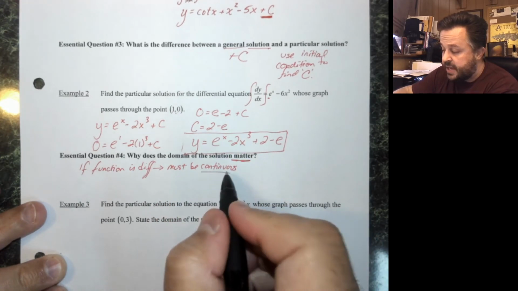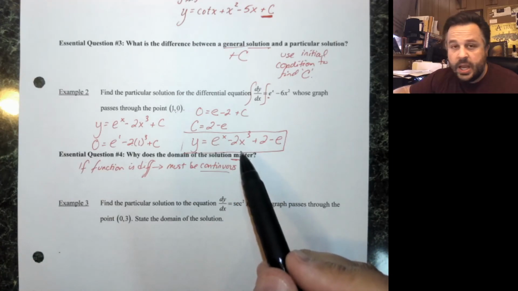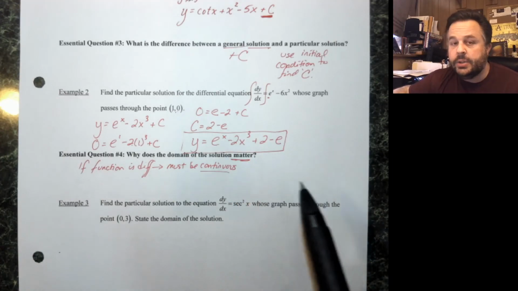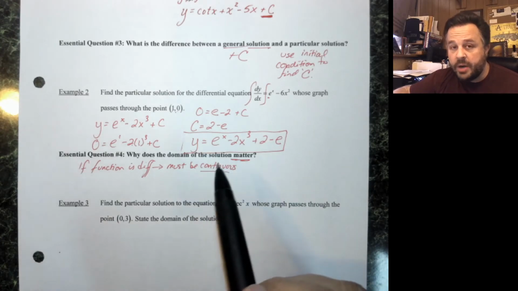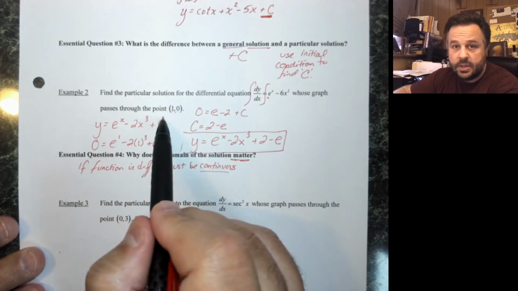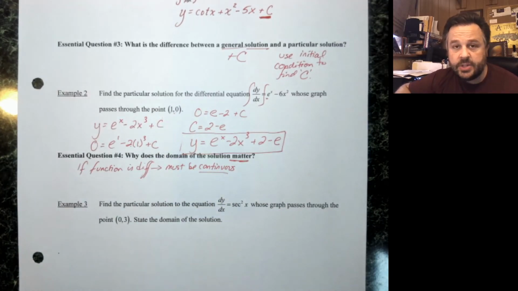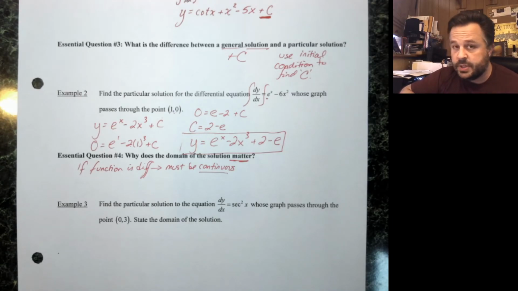There are times that when we integrate and find a particular solution, that function inherently has discontinuities. So we're going to have to find the part of the function that contains the initial condition and isolate that section as the piece of the function we want. So we'll be restricting the domain of the function to satisfy the initial condition.